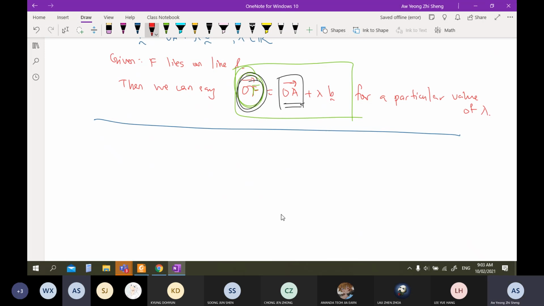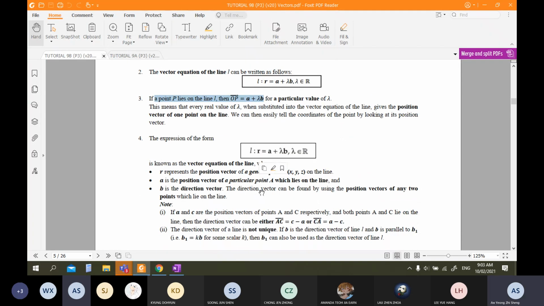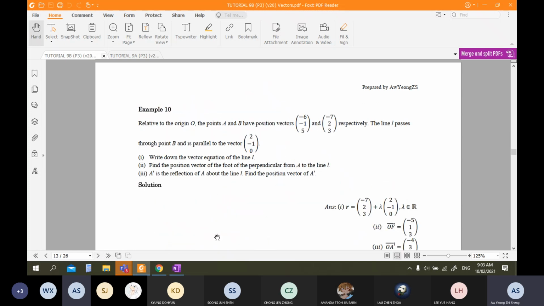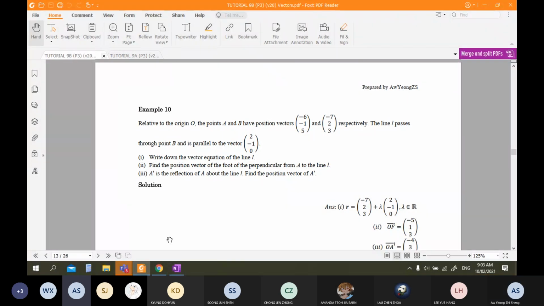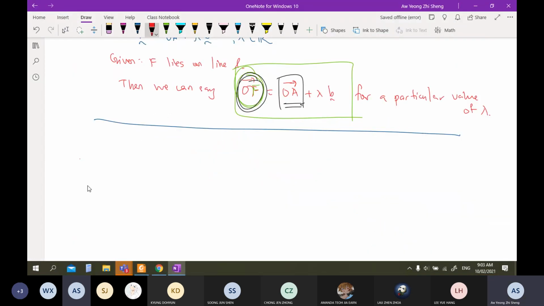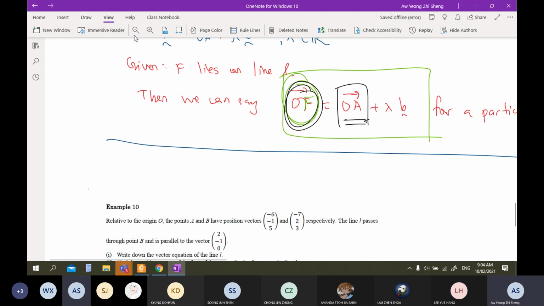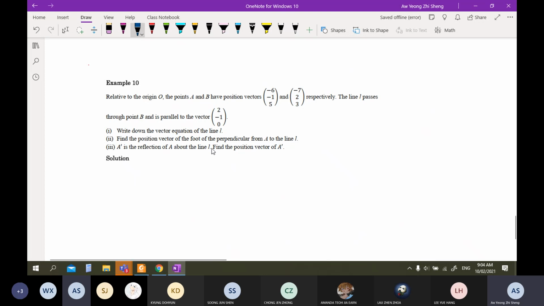Okay, now let's move to example 10, on page 13. Relative to origin O, the position vectors of A and B are these two.